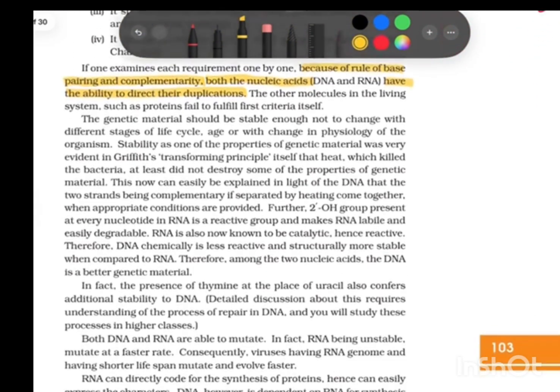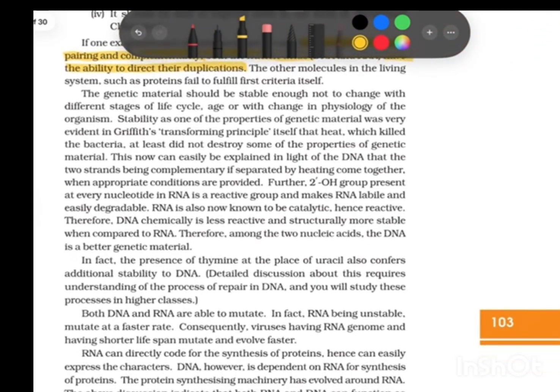And in Griffith's transforming principle experiments, heat which killed the bacteria at least did not destroy some of the properties of genetic material. Which property did heat not kill? That is complementarity. Even though the DNA molecule is heated up to a high temperature, both the strands can separate from each other.